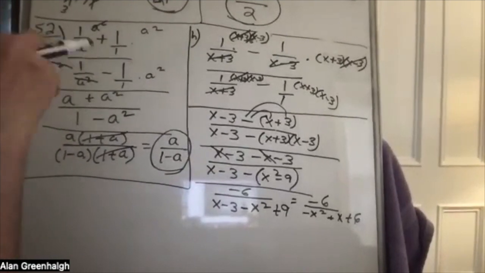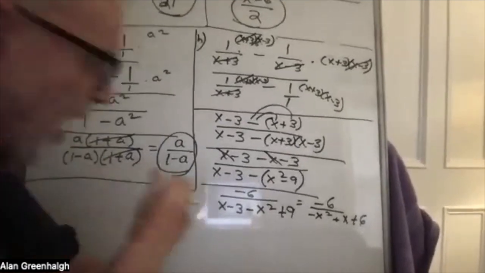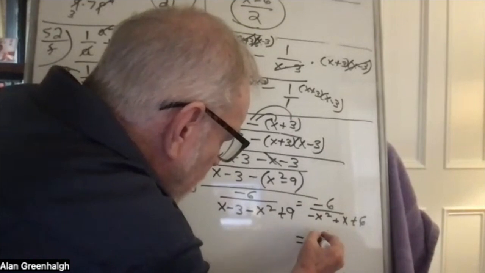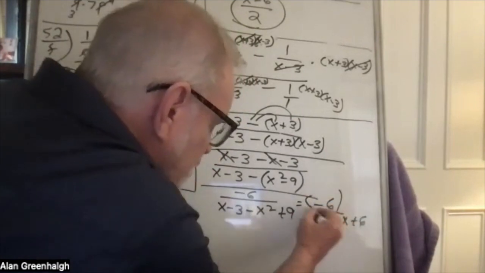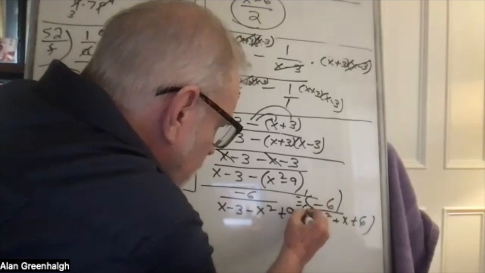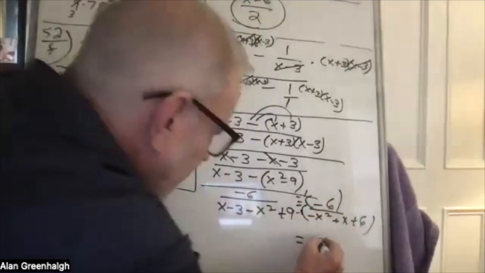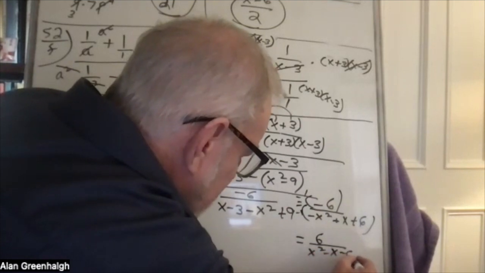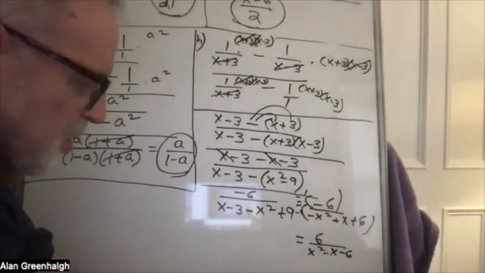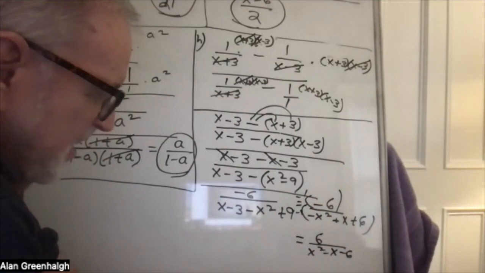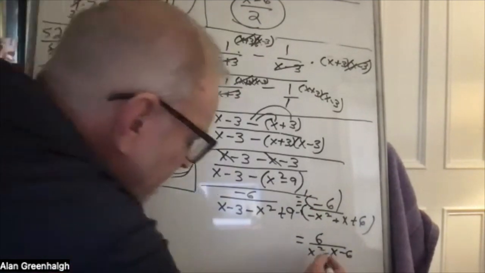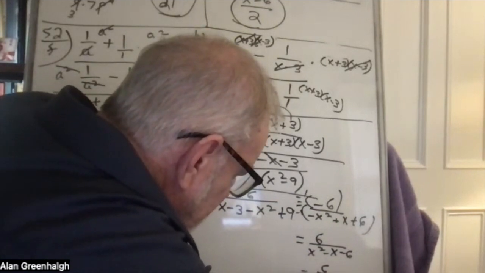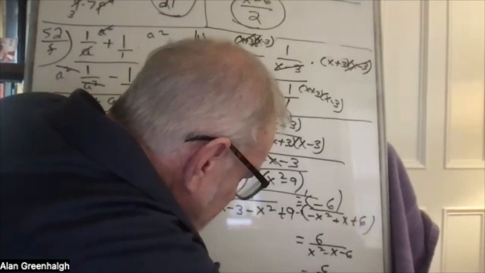Well, I'll tell you what I'm going to do. I'm going to factor out a negative. I'm going to multiply the entire fraction by -1 over -1. And we get 6 over x squared minus x minus 6. That still doesn't do anything for me, though. How does that help to simplify? This can be factored now. Now it's obvious this can be factored into x minus 3, x plus 2.